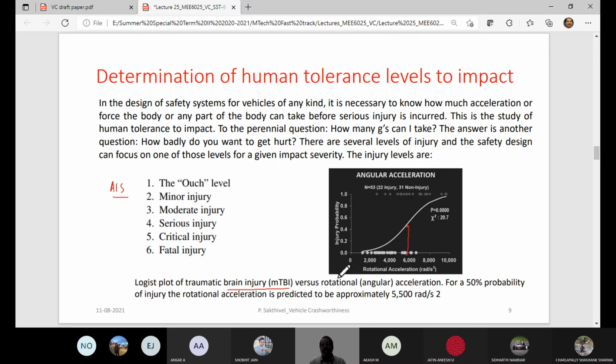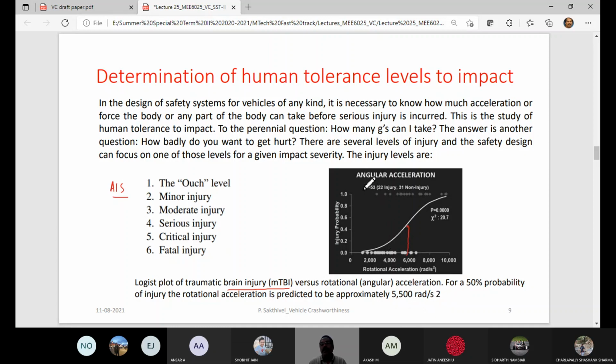So this is a kind of severity level that you could see. Brain injury can be in a serious or critical injury state. That probability is 50% if your angular acceleration measured in the test goes up to 5,500 radians per second squared. So it has to be in smaller values.